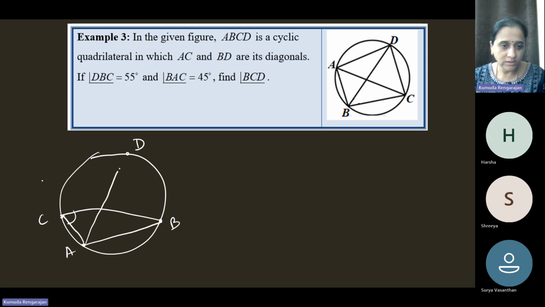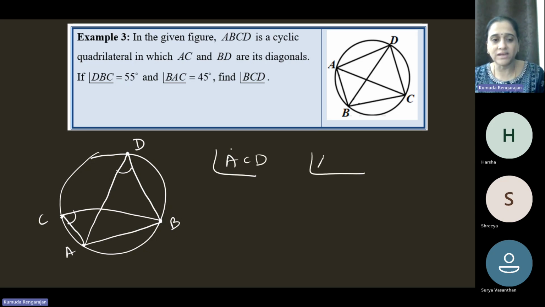Now join A to D, B to D. This is the angle made by the same chord AB, but at a different point D on the circumference of the major segment. So this chord AB makes angle ACB and it also makes angle ADB at the points C and D on the circumference of the major segment.